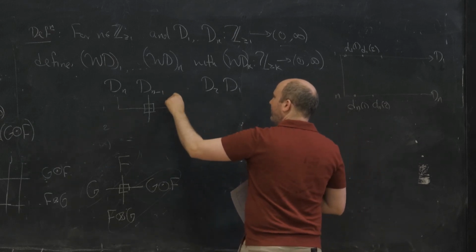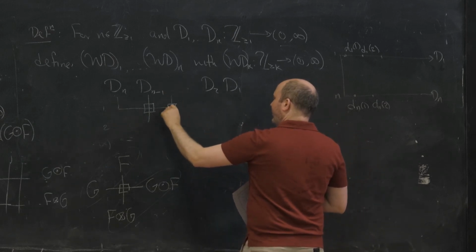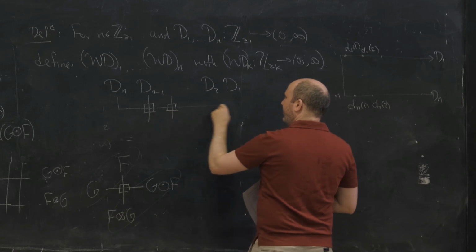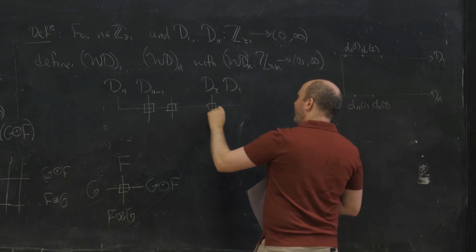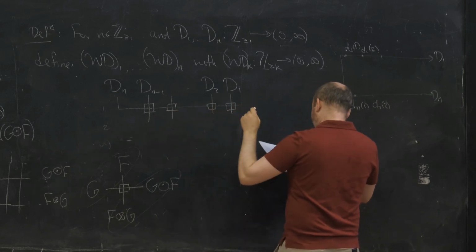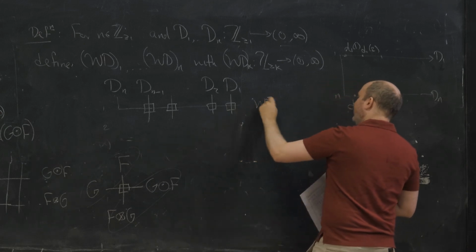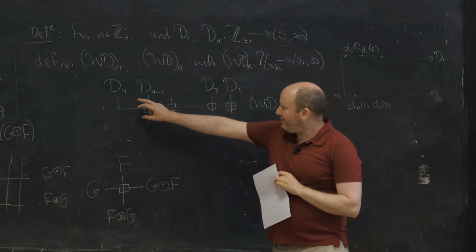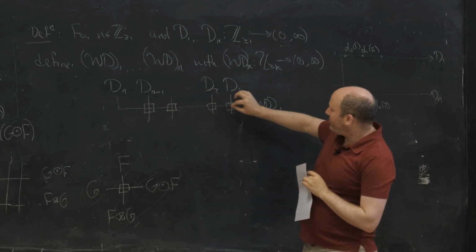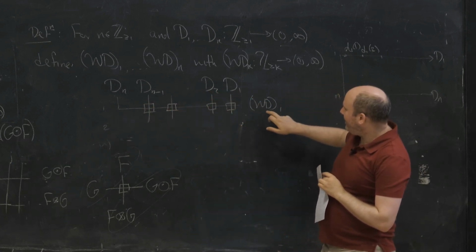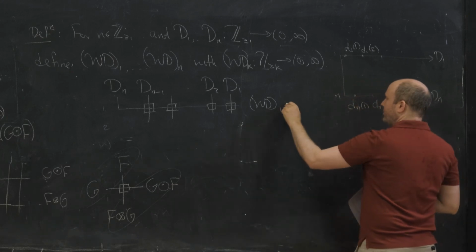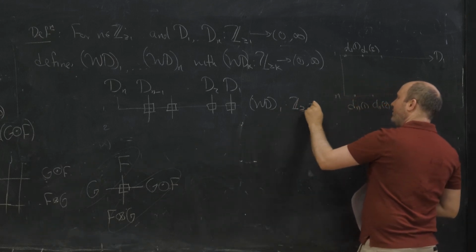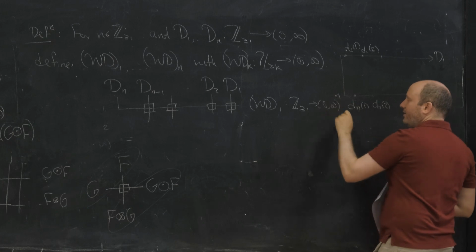And so I continue to do this. Each time I bring one of the original d's down, and I work my way all the way through. What I get out on the right, I call WD1. So I take all of these consecutive sequential Pitman transforms, and in the end I get a function, again a function from z bigger than or equal to 1 to 0 infinity.